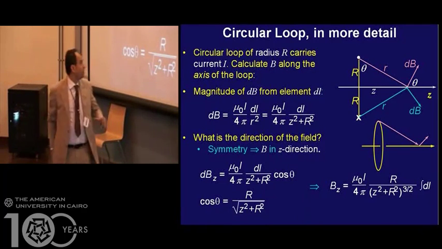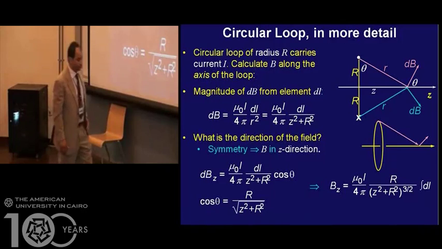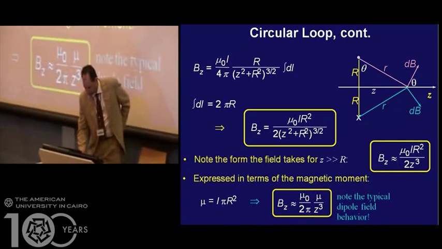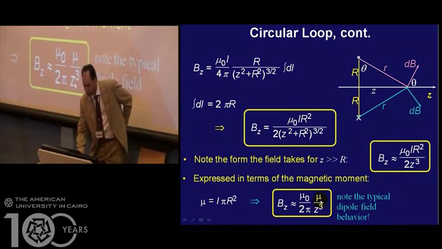If you ignore R, that's what you get. It's mu 0 over 2 pi times I times R squared divided by z cubed.